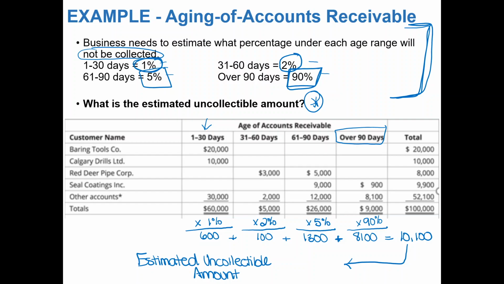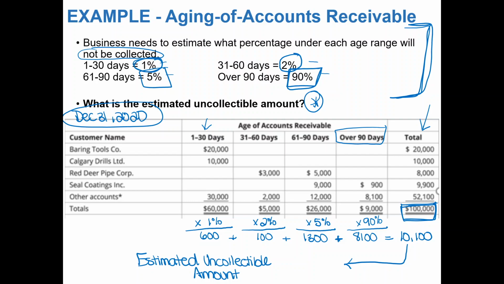So right now, we're going to say this is at December 31st, 2020. At December 31st, 2020, we have this $100,000 total balance in AR. That's what we are owed in total. But of that, we think $10,100 is uncollectible. That's our estimate. So we talked about this.